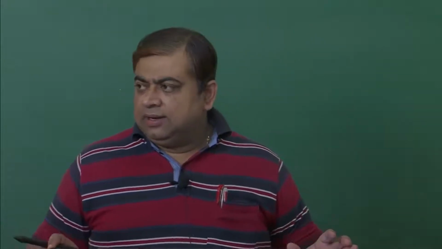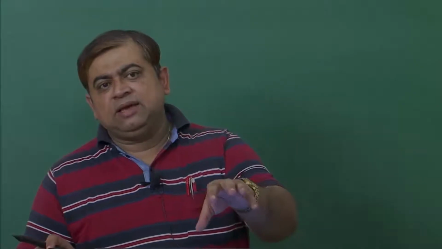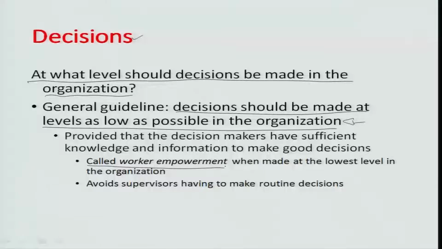So, therefore, if you are delegating the decision making responsibility down the level, then you do not have to intervene every time, unless there is something where you need to make a systemic improvement and reorient the decision making process to a certain direction. So, this is called worker empowerment, when decisions are made at the lowest level in the organization, and if we can do this we need as few supervisors as possible.